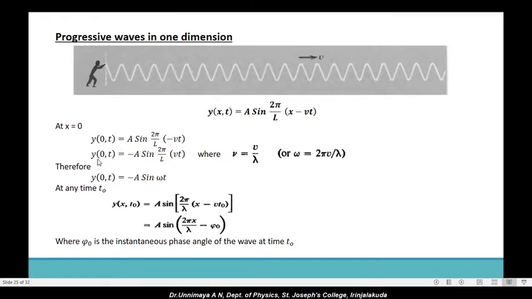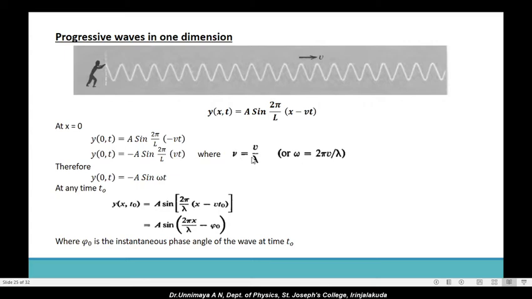Therefore y(0,t) is equal to minus a sin 2 pi by lambda vt. Using the relation omega is equal to 2 pi v by lambda, and using nu is equal to v by lambda, we can replace this equation as y(0,t) is equal to minus a sin omega t.